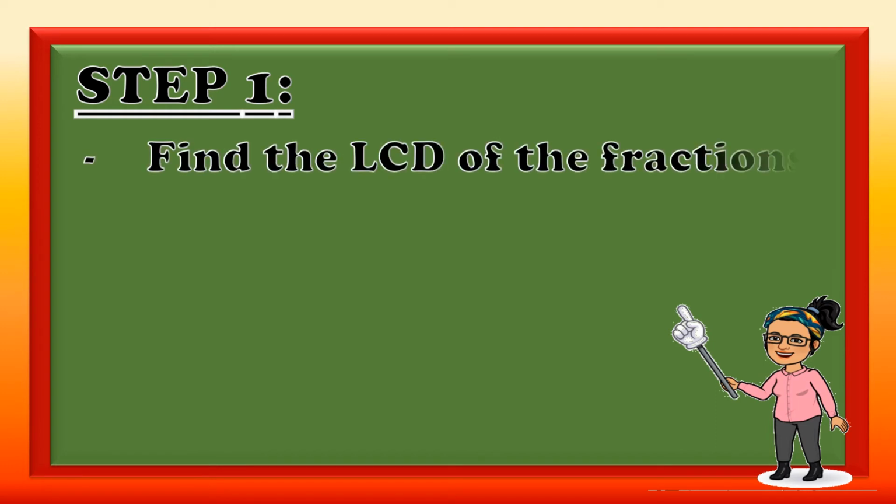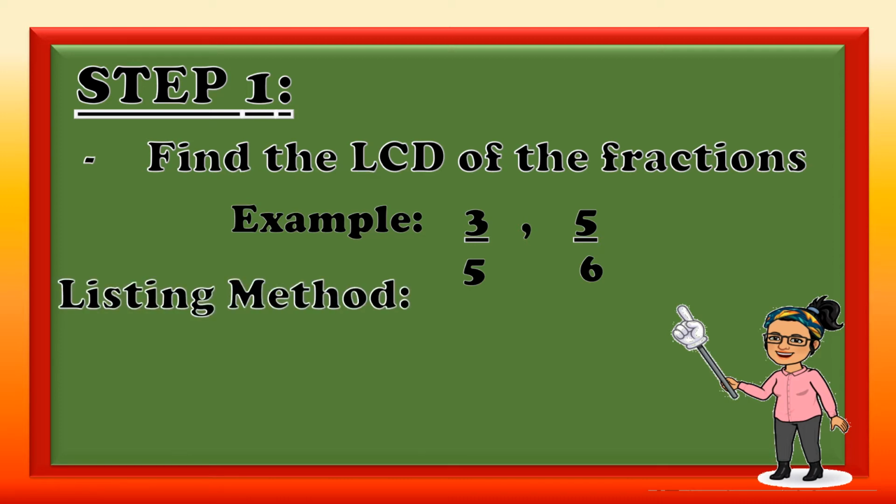To change dissimilar fractions to similar fractions, we have 3 steps. Step 1, we have to find the LCD of the fractions. For example, we have 3/5 and 5/6. Let's find the LCD using the listing method.